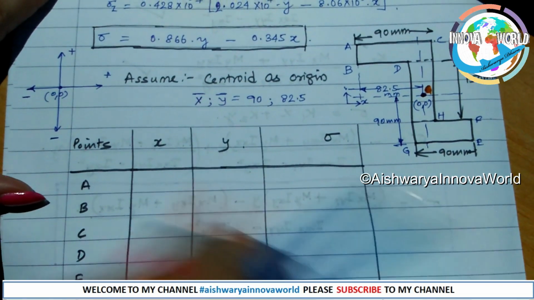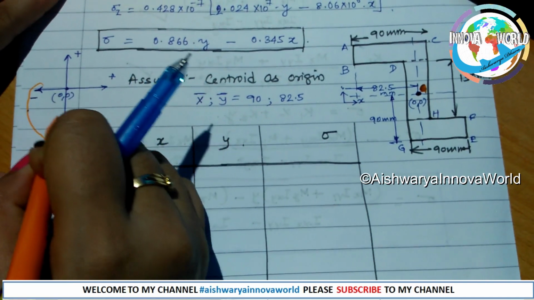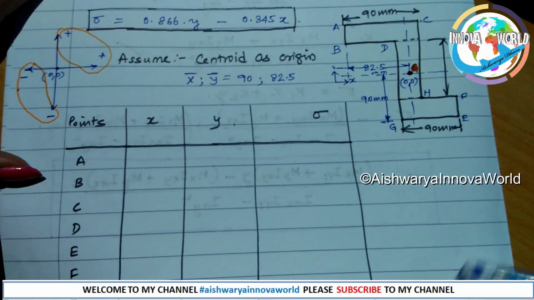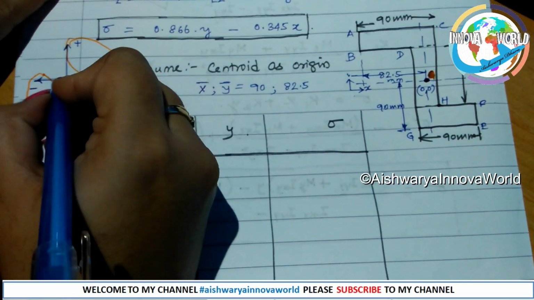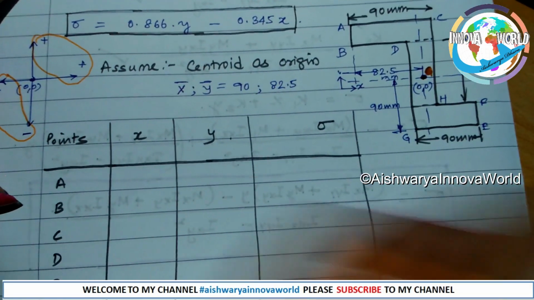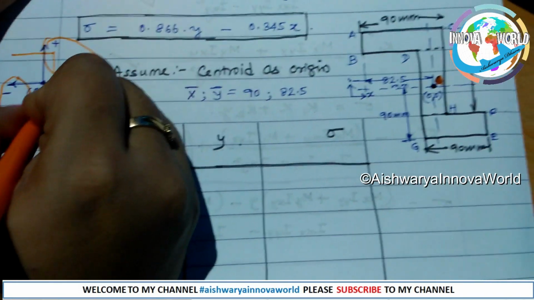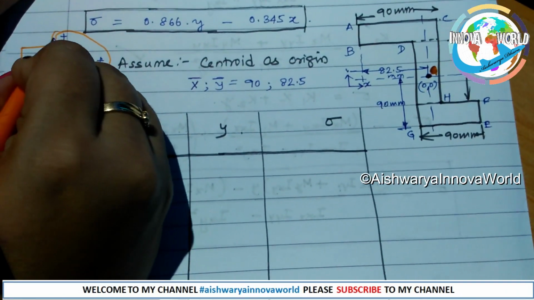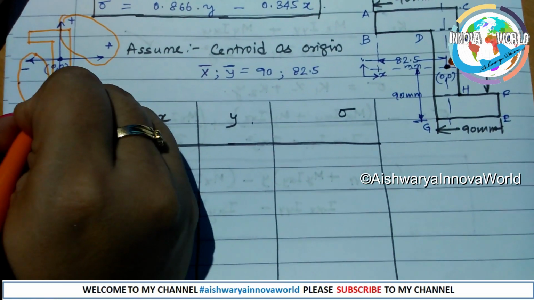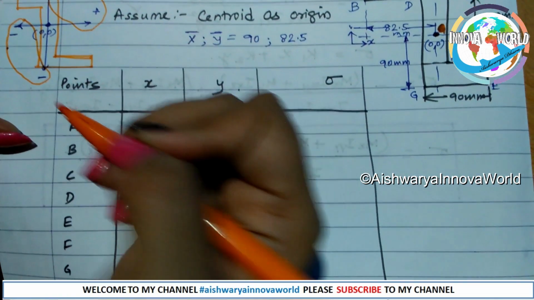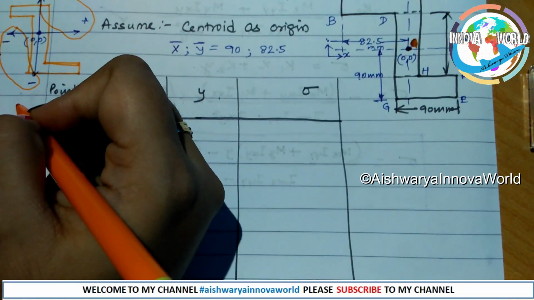This side will be negative and this side will be positive. And this is the centroid. This is how our Z is located.